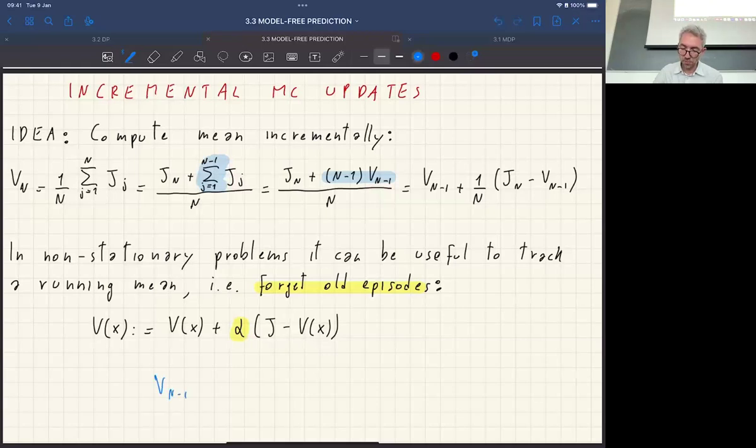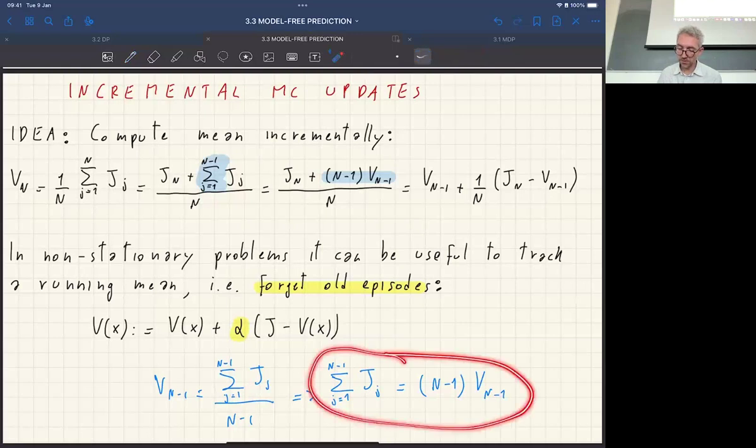V_{n-1} is the summation for j going from 1 to n minus 1 of J_j divided by n minus 1, which means that the summation for j going from 1 to n minus 1 of J_j can be written as n minus 1 times V_{n-1}. So this is what I have exploited to write this.